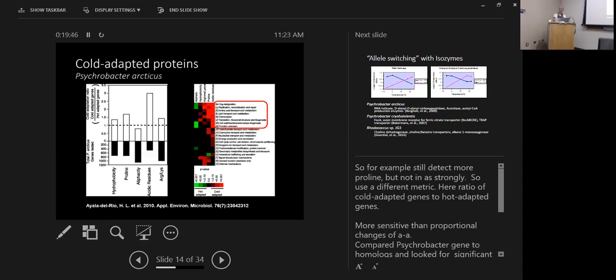And we think this might have to do with the fact that Psychrobacter is not your classic psychrophile as defined way back in the 70s by Professor Morita, who put 20 degrees Celsius as the maximum growth temperature for a psychrophile. How he got 20 degrees, I don't think anybody really knows. But most Psychrobacter can actually grow above 20 degrees.